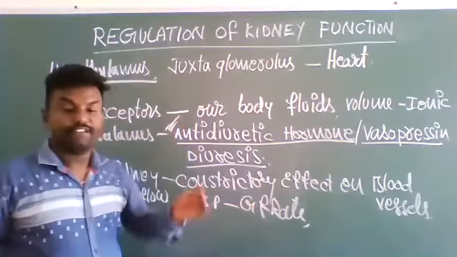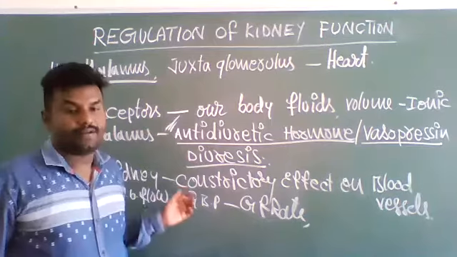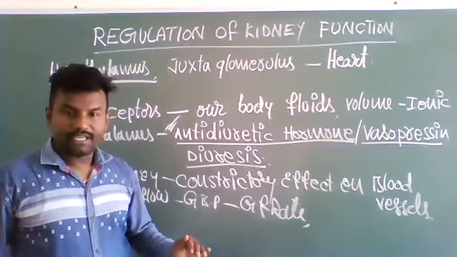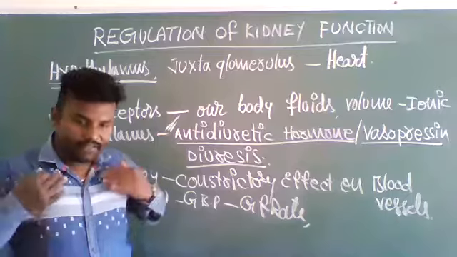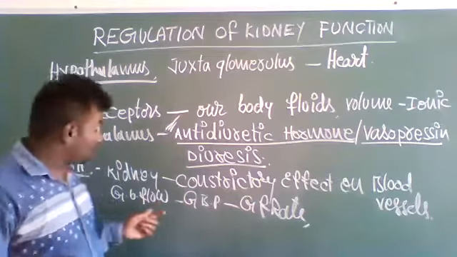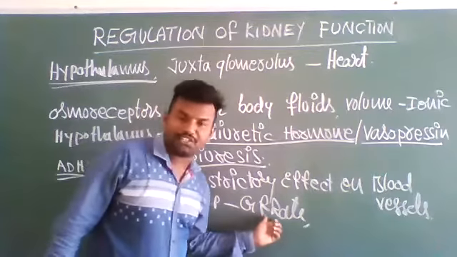When body fluids are sufficiently available, the glomerular blood flow is decreased, glomerular blood pressure is decreased, and glomerular filtration rate is decreased.